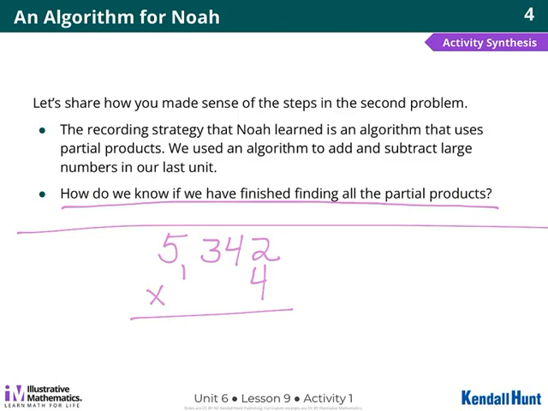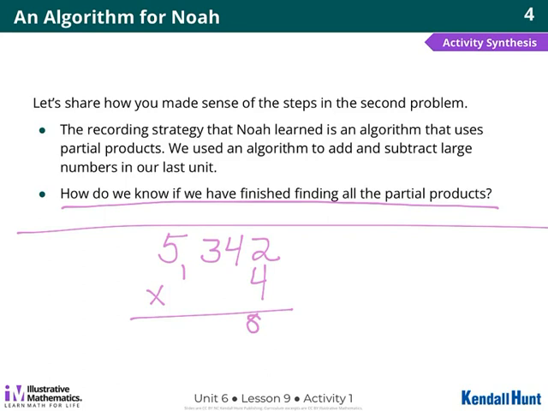Okay, now this is Noah's strategy. Are you guys ready? So Noah goes by place value. So Aubriella, your eyes need to be up here, honey. So he starts with ones. Okay, so 4 times 2. What is 4 times 2? 8. So then he would put an 8 for his first row.